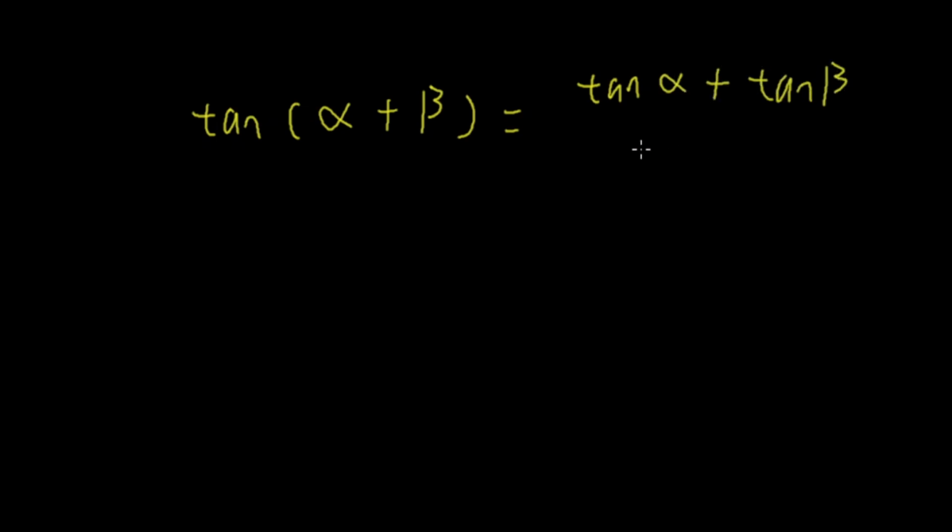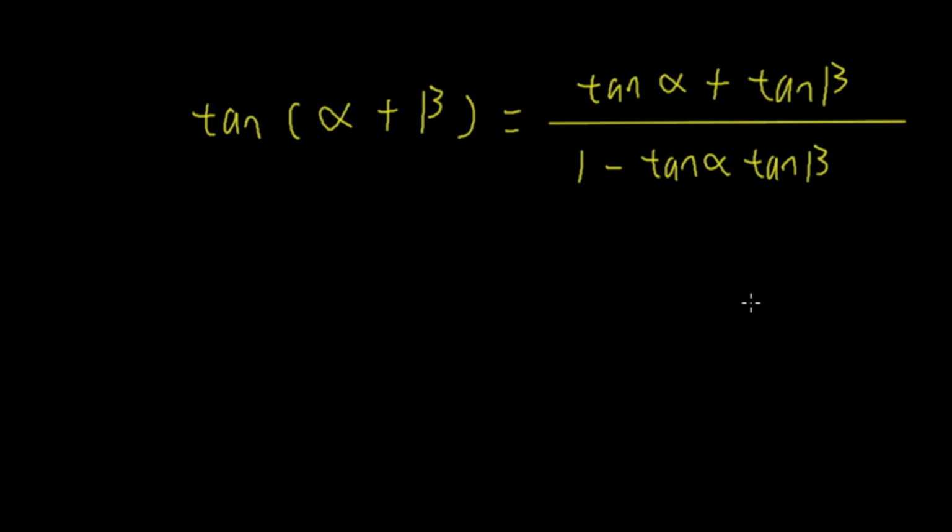Tan alpha plus beta, right? That is the angle addition formula, which is equal to tan alpha plus tan beta, all divided by 1 minus tan alpha tan beta.